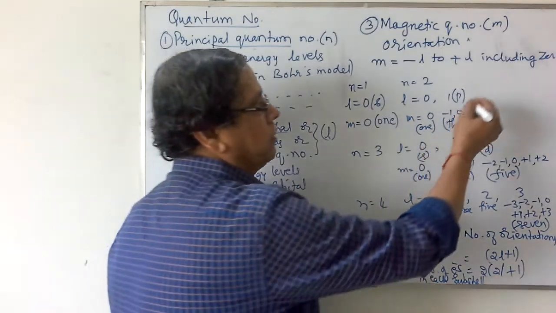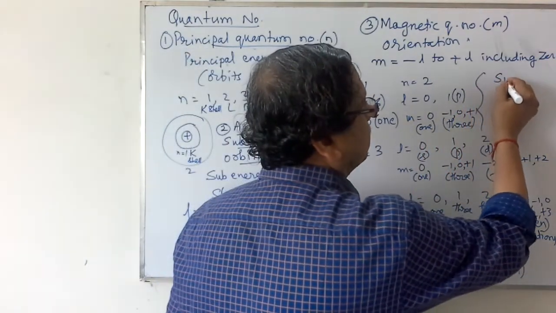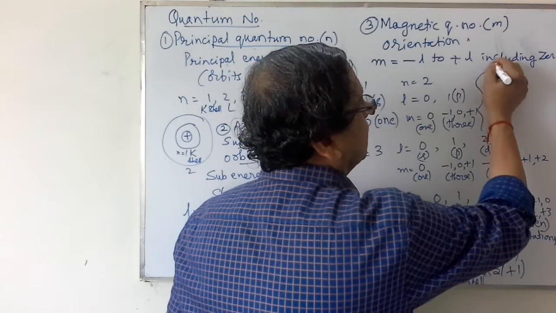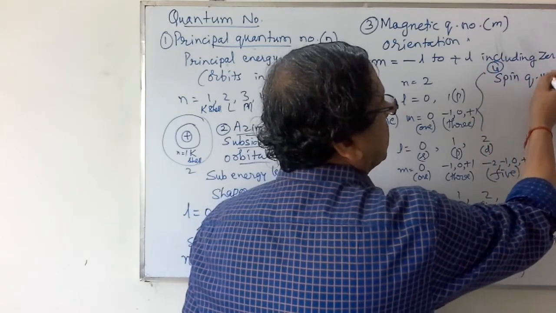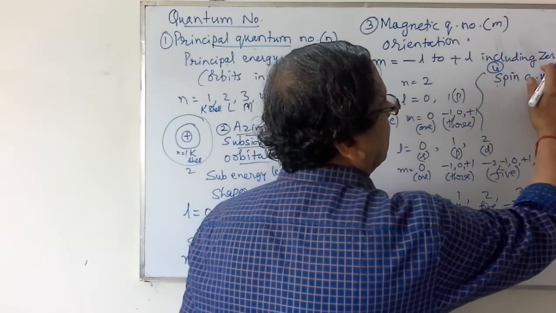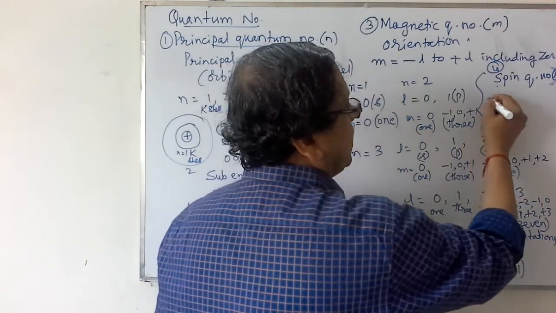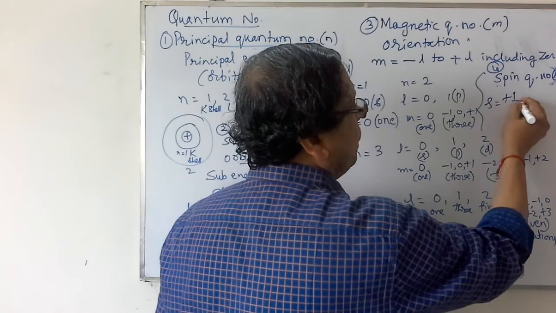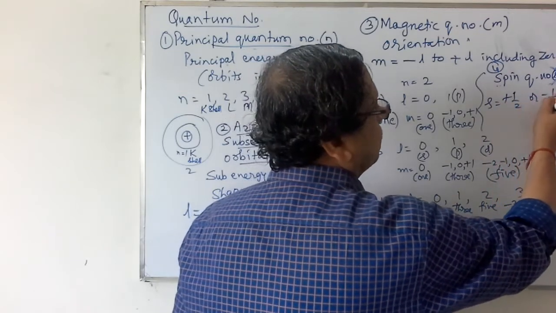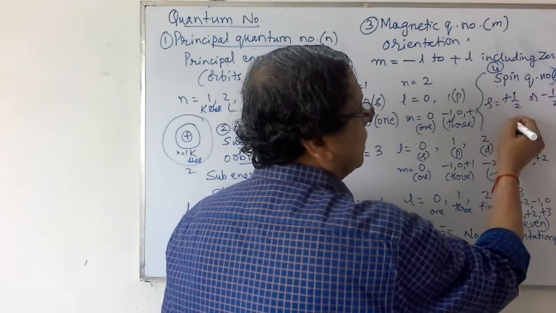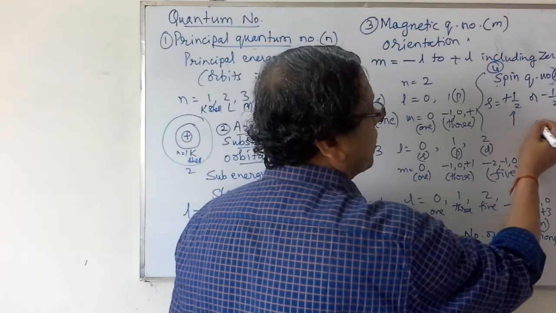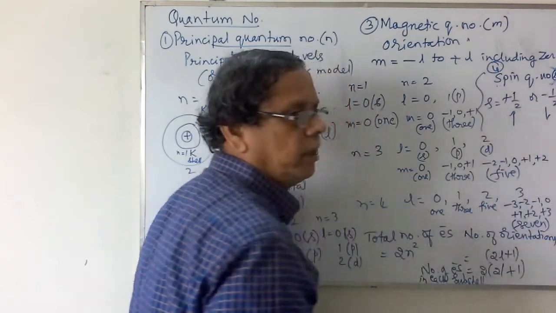The last one I told you, it is the spin quantum number which indicates the spinning of the electron around its own axis, which is indicated by small s. So s can have the values of either plus half or minus half. That is, this is indicated with the upward arrow and this is indicated with the downward arrow.